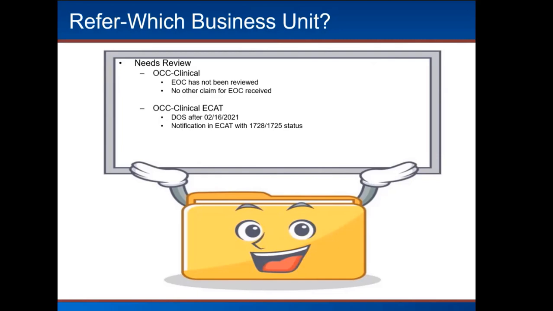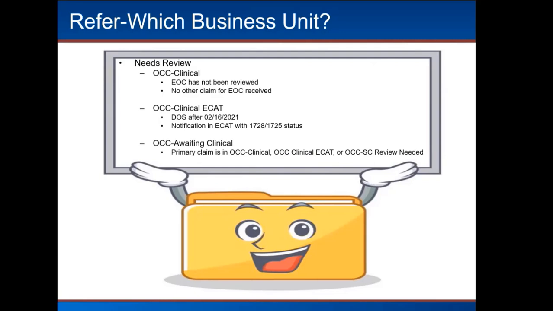If the date of service is after February 16th, 2021, and the notification is already in the ECAT application, the clinician can review through ECAT and does not have to create it. The ECAT application will do that for them. So these two basically cover the same thing, the review, ambulance, only if it's your last resort and only if you're able to complete the template accurately.